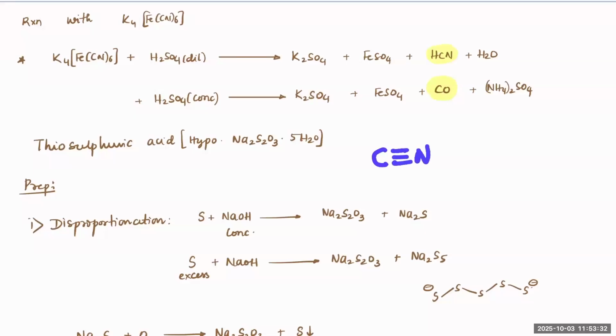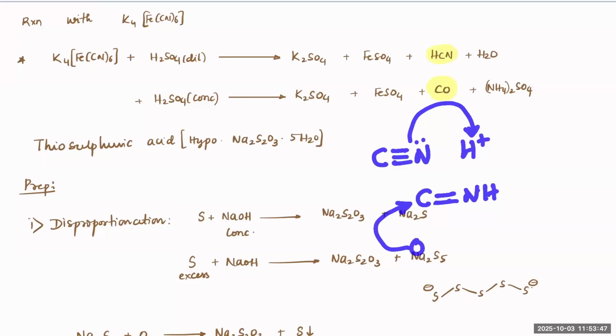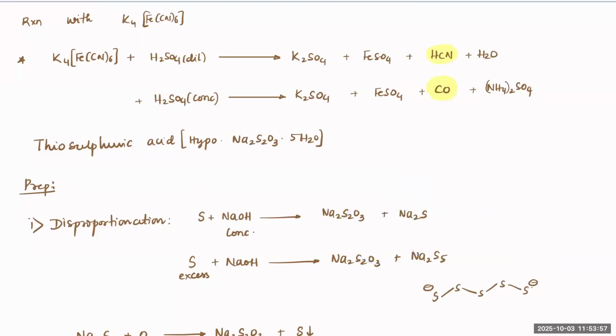The C triple bond N lone pair is extracting the H+, and this will leave behind an N double bond H form, correct? When this happens, the oxygen from the sulfur will attack the carbon, because this will start getting positive charge, isn't it? That's how from one end nitrogen keeps extracting protons, and from the other end oxygens keep attacking them. That's how it will convert into a triple bond, and then it became carbon monoxide.